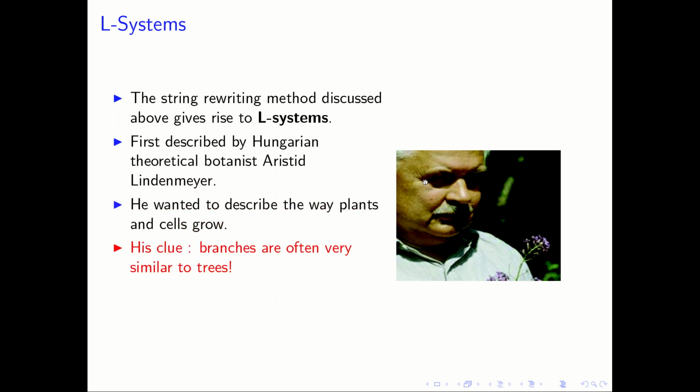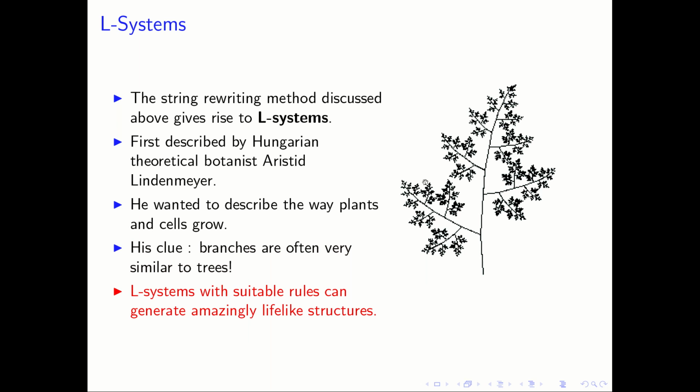Not only plants, animal cells, plant cells grow in the same way. And this became a big tool for mathematical botanists to play with. And if you put in sufficiently strong rules, you can generate amazingly lifelike structures. In fact, Lindenmayer is a co-author of a book called The Algorithmic Beauty of Plants that's freely available on the net. If you want, you can download it, take a look at the beautiful pictures.